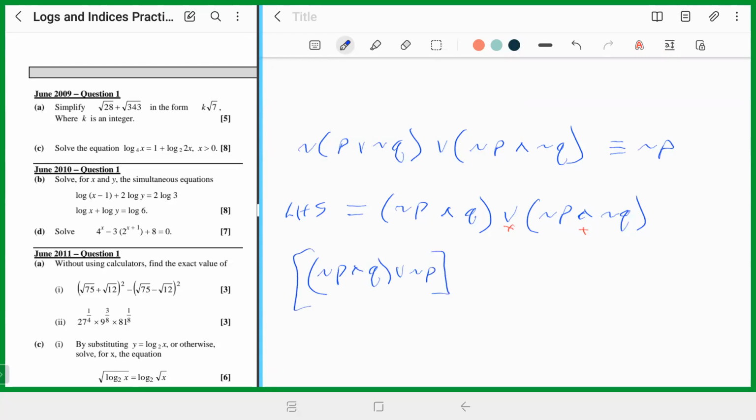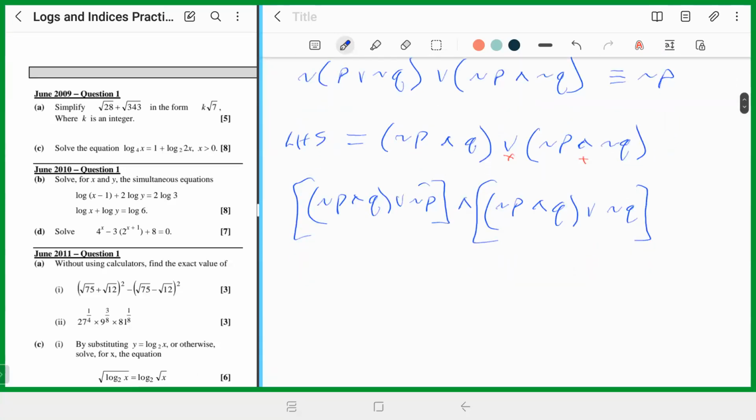That's one expression. Then I'm gonna get plus, which is the AND, this times that. So I'm gonna get not P and Q times not Q. Now I need to distribute this over these two things.